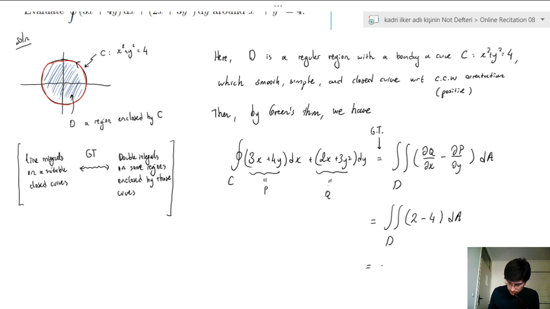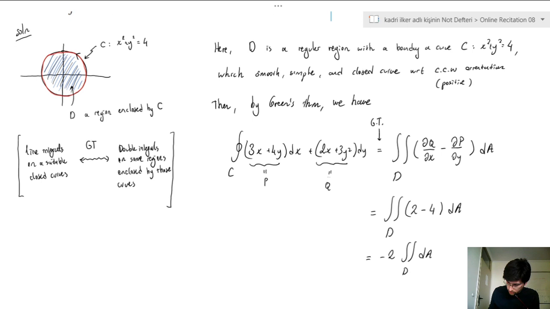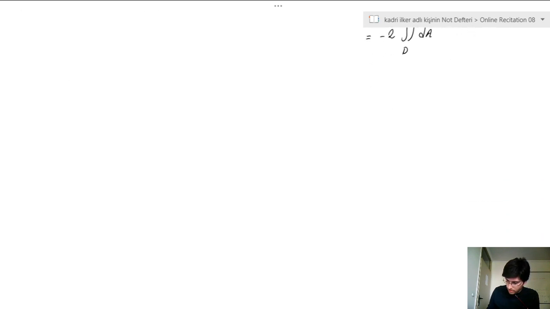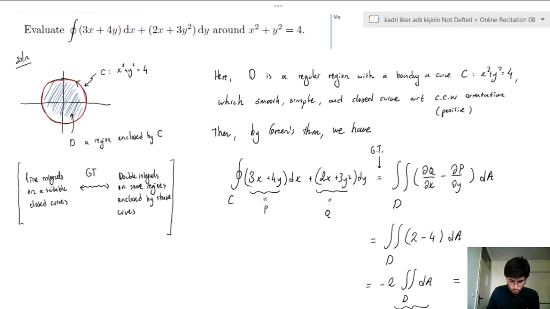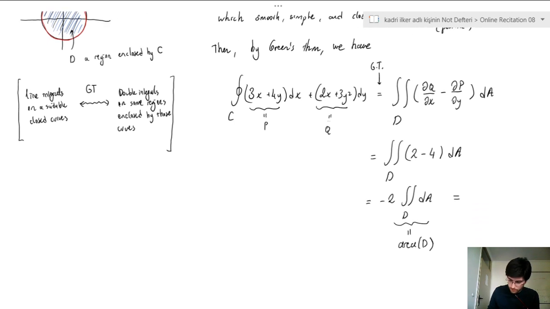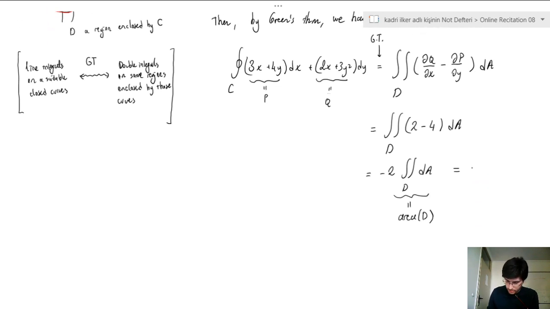Therefore we have minus 2 times this double integral. We know that this double integral is exactly the area of the base region, which is a disk with radius 2, therefore the area is 4 pi, and the total result is minus 8 pi.